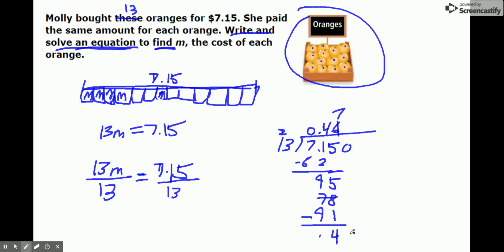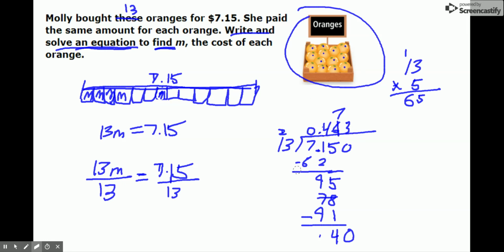Put a 0. Bring down that 0. 13 goes into 40. I'm going to pause this because this is taking a while, and just finish the problem and then come back so you don't have to watch me doing the long division. You get the idea.